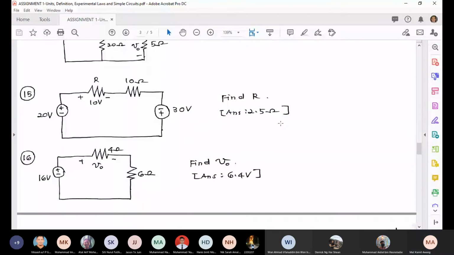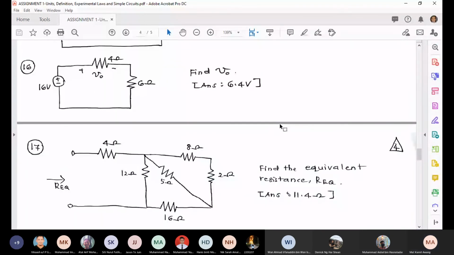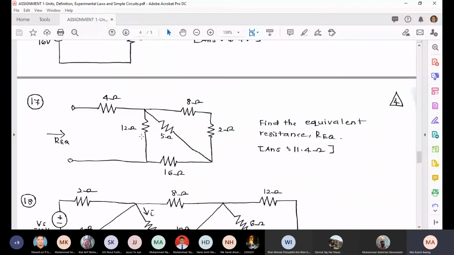Number 16. Find the V0. Simple. Use KVL. This one, you have to find the equivalent resistance.